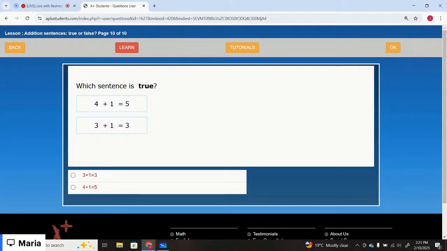Which sentence is true? 4 plus 1 equals 5, or 3 plus 1 equals 3?